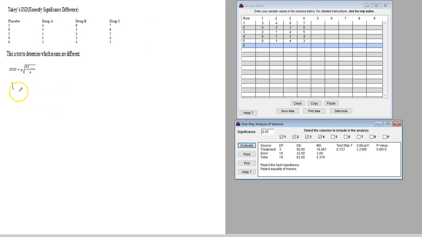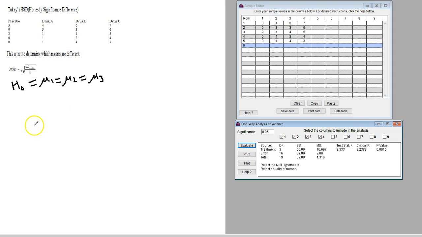Okay, so what I have here is that null hypothesis. We're assuming that mu1 equals mu2 equals mu3. So that was our null hypothesis.